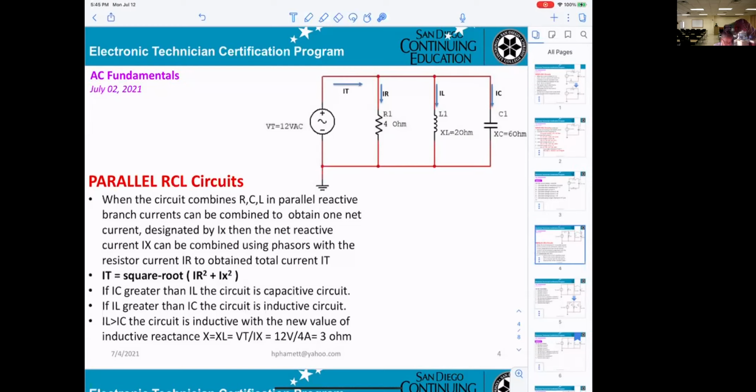So that's why in parallel, for the combined RCL in parallel, IX will be the net reactive current, which can be combined using phasors with the IR to obtain the current IT.